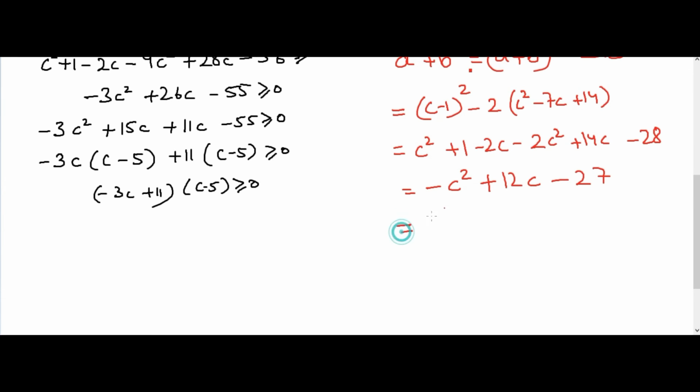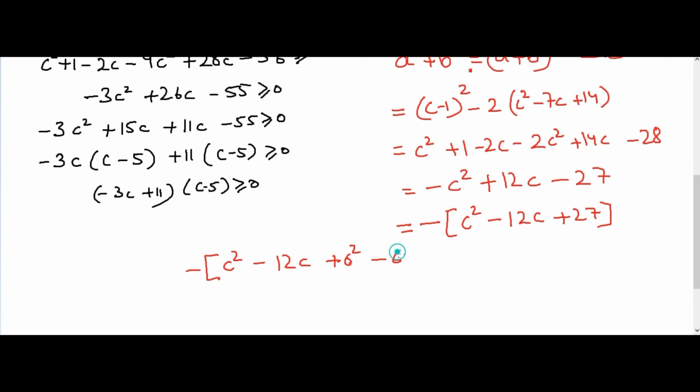Now let me factor it in a more elegant, better way by completing the square. If you add 6 square and subtract 6 square, let's take negative common first, then it will look very good. Why am I adding this 6 square? Because b is 6, so I am adding 6 square and subtracting 6 square from it.